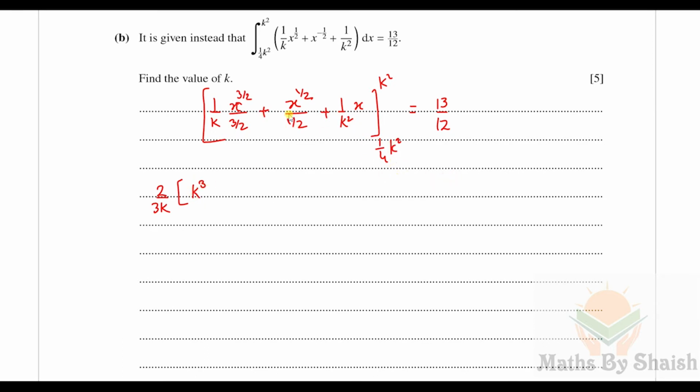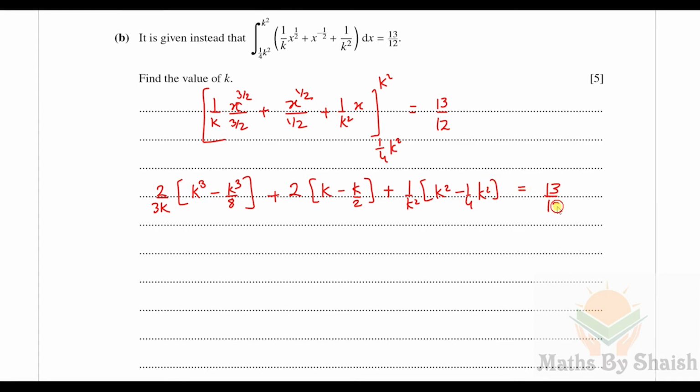Its square root is k by 2, and cube is k cube over 8, plus 2 times x to the power 1 by 2, so k square means k, minus the lower limit k by 2, plus 1 over k square times the upper limit minus lower limit. This is given as 13 over 12.